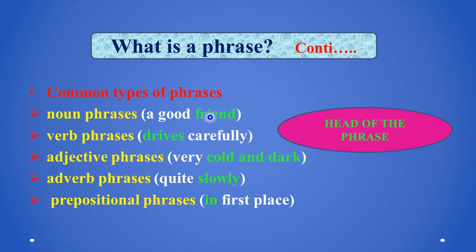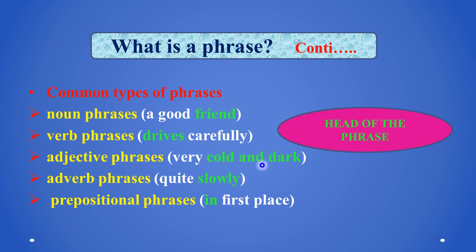If you identify the head of the phrase, it will be easy for you to decide its type, because the head of the phrase decides the type of the phrase. Friend is a noun, so a good friend is a noun phrase. Drives carefully: drives is a verb, so drives carefully is a verb phrase.